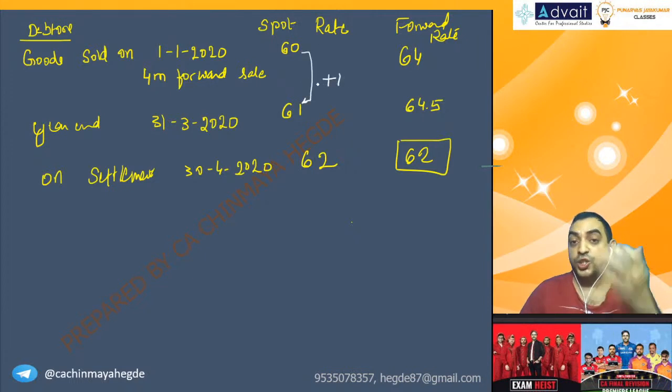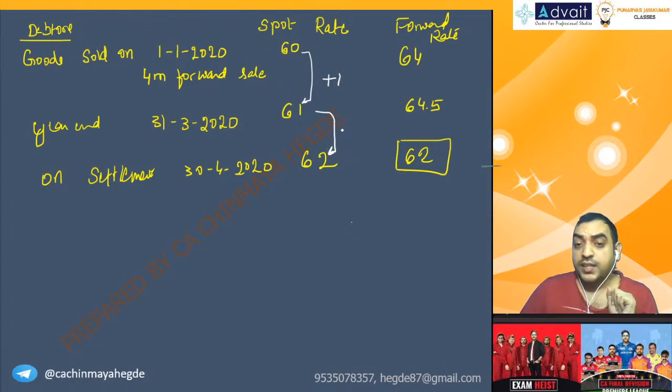this is a profit because you're receiving more. When the value of the asset increases, 60 asset becoming 61, it's a profit. 60 becoming 62, that 1 rupee profit is also there, 1 rupee profit.